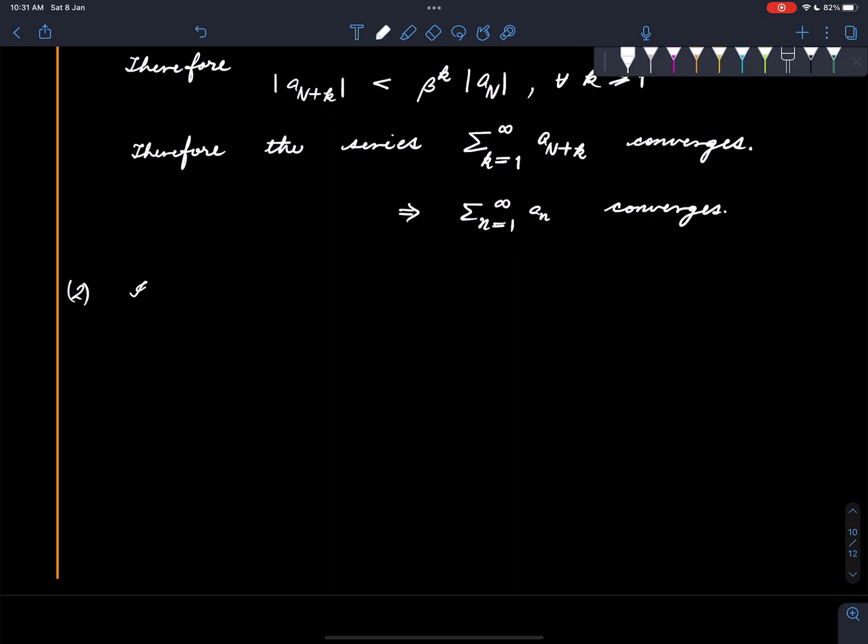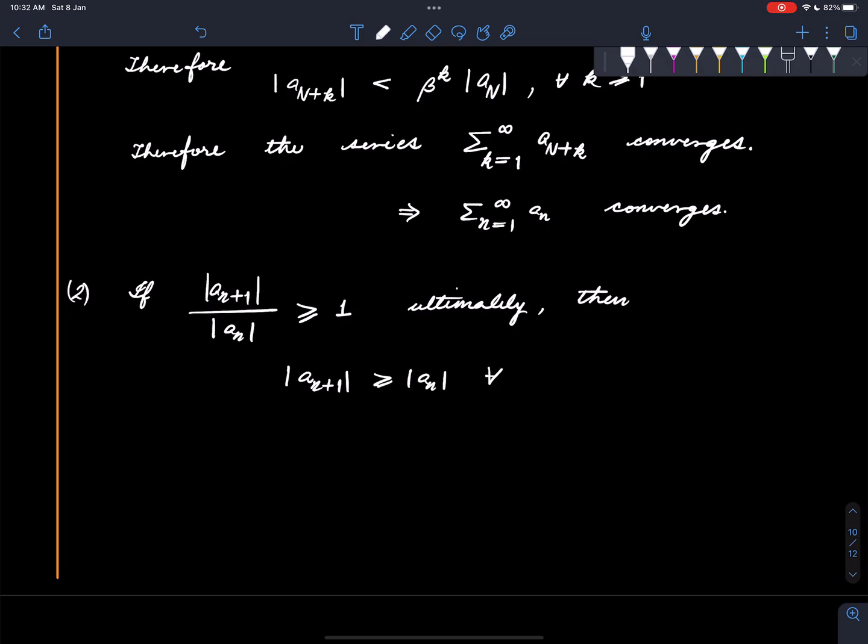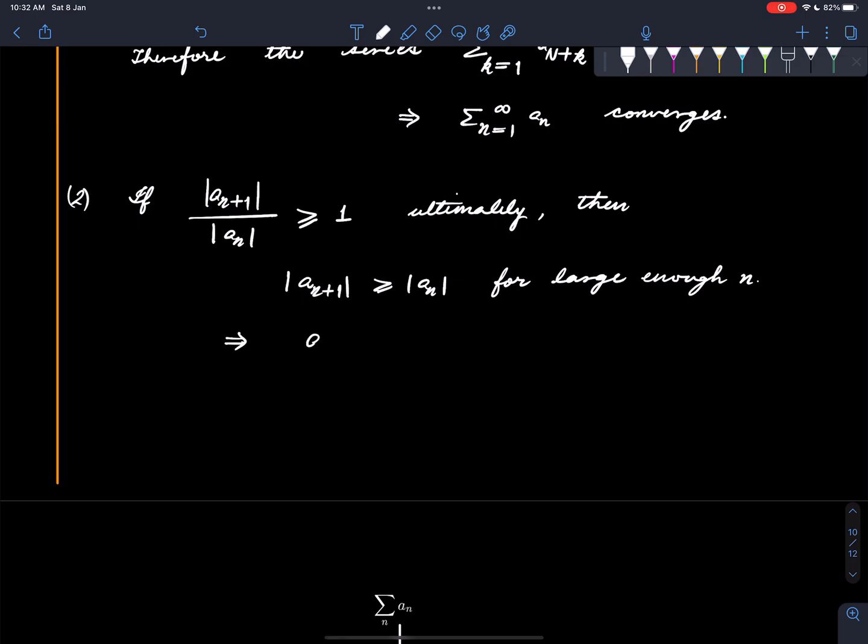So if this ratio is greater than or equal to 1 ultimately, then |a_{n+1}| is greater than or equal to |a_n| for all n large enough, which implies that this convergence does not happen. The terms do not converge to 0 as n goes to infinity.